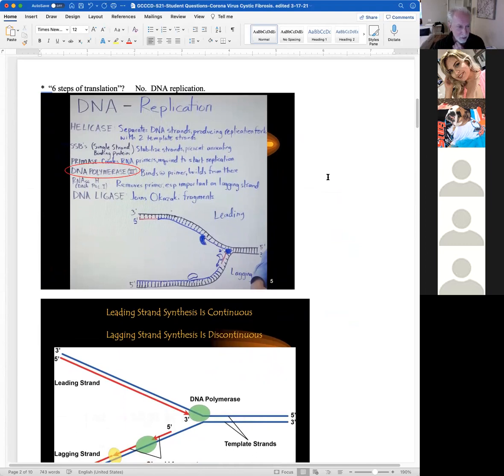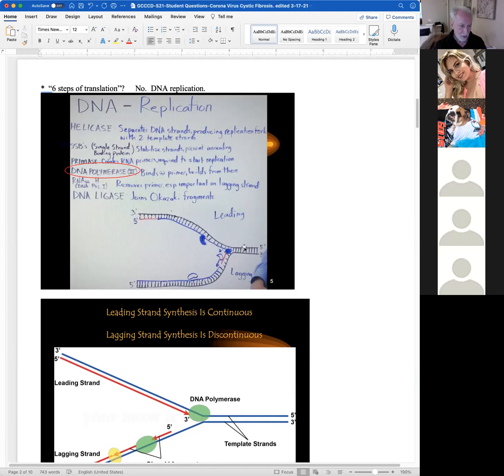And I encourage you to go back and re-watch that video because it makes it very clear how the procedure of DNA replication goes ahead. There are 6 components to the factors required for DNA replication. They're listed here. So this picture I'm showing is a screenshot from that video.